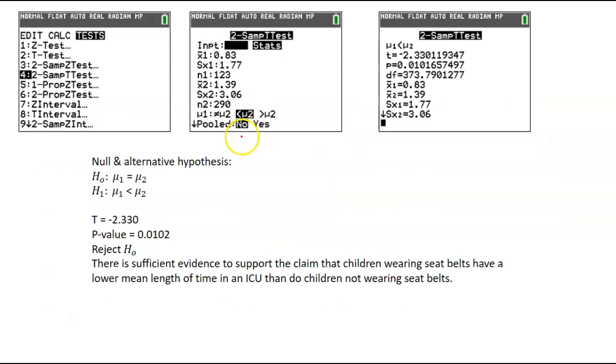Okay, so to set this one up, we're going to let population 1 be those that wear seat belts. So it's always good to keep track of which one is representing the other. Population 2 is going to be that they don't wear their seat belts.